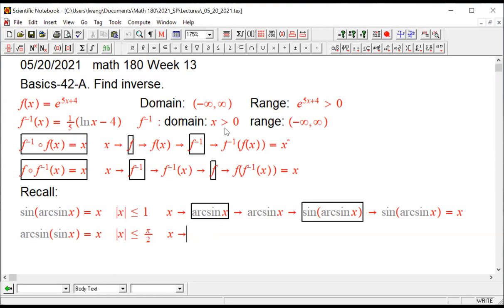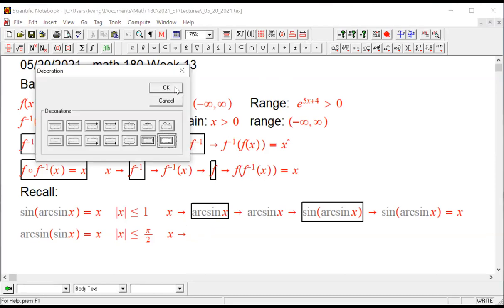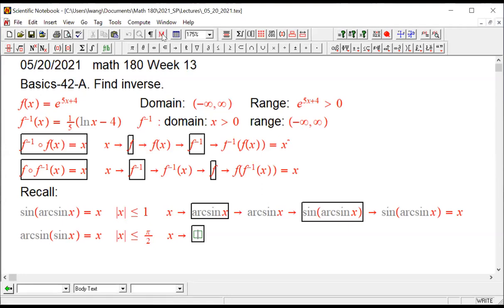So the first function will be sine. This angle is from here because we know that arcsine has its specific domain. Its inverse is a restricted sine, a sine between -pi/2 and pi/2.